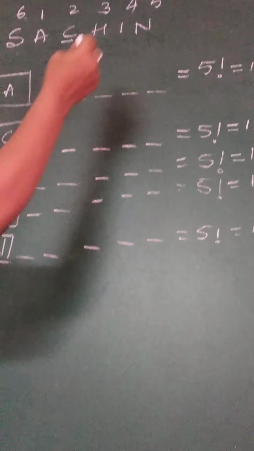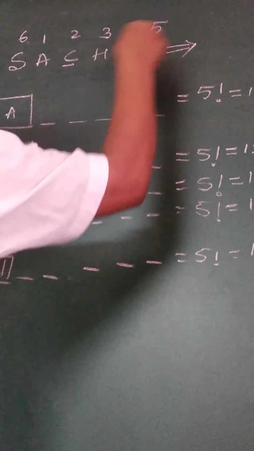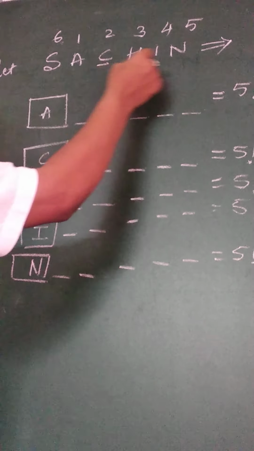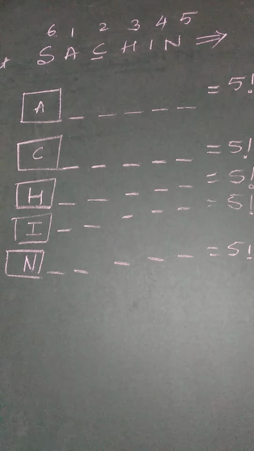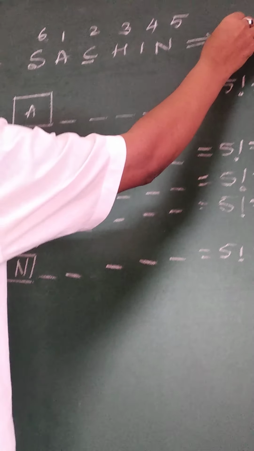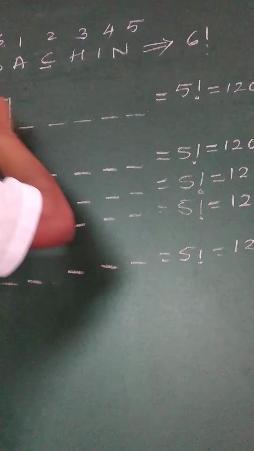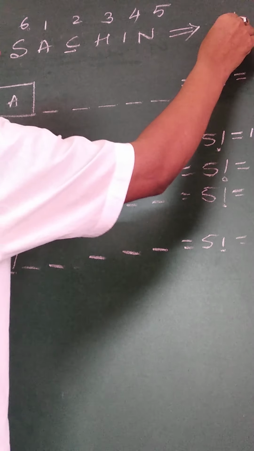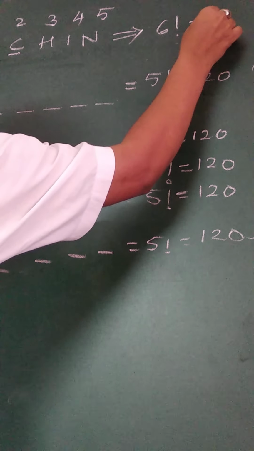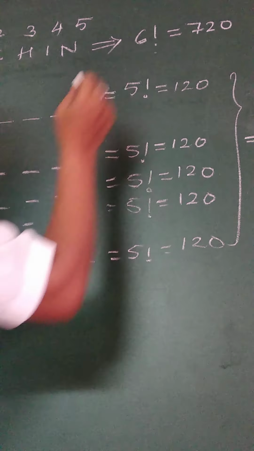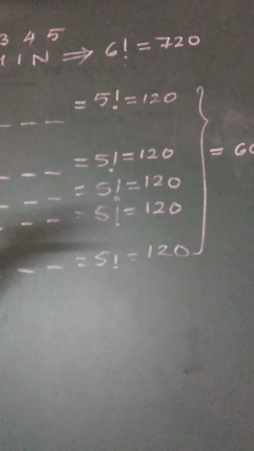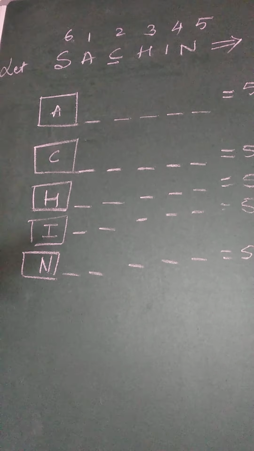If you want to arrange all the letters of the word Sachin however you want, how many letters are here? There are 6 letters. Therefore the total number of different words I can get by using all these letters of the word Sachin is 6 factorial, which equals 720.